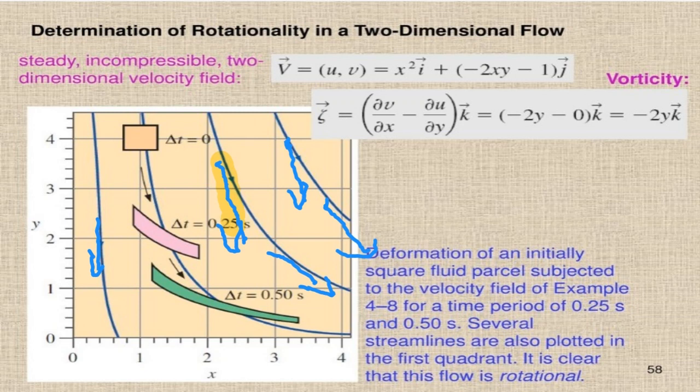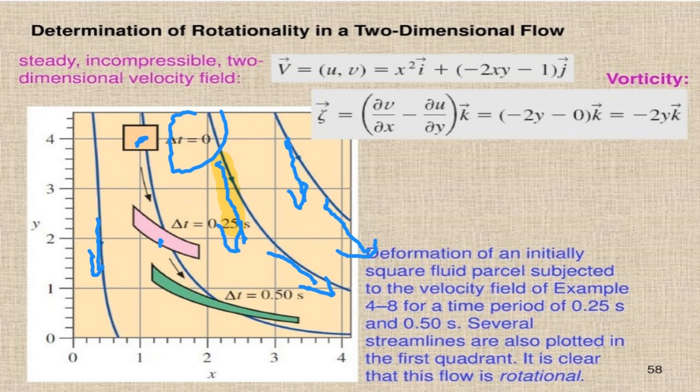In the beginning, at t equals 0, the fluid particle is a rectangle. Here, in 0.25 seconds, it has come down to this location from here to there. But meanwhile, it has changed shape, right? Not only has it elongated, but its shape has also changed in the angular direction.